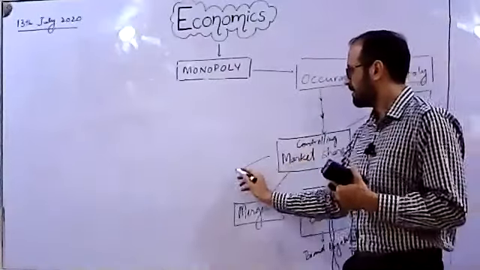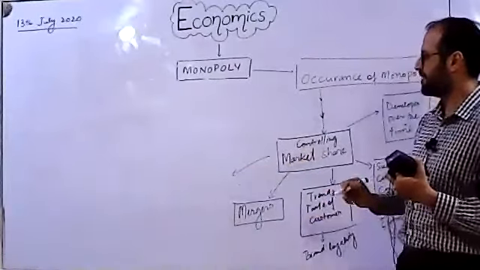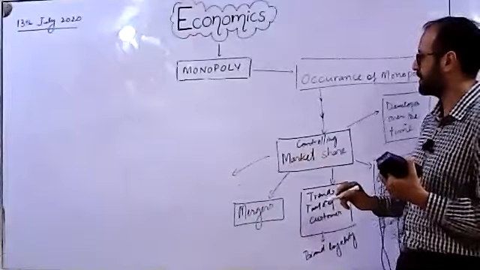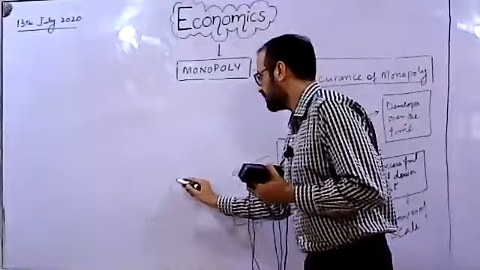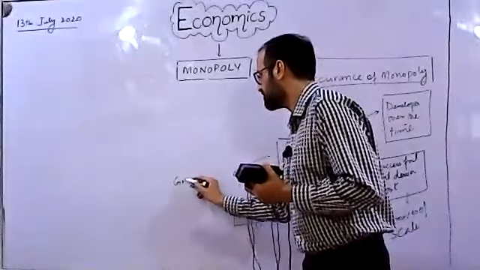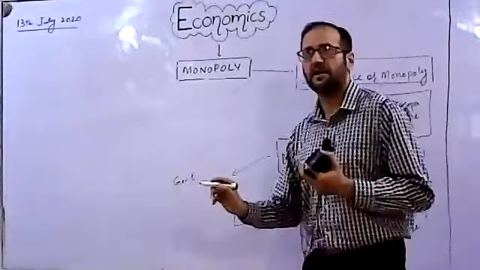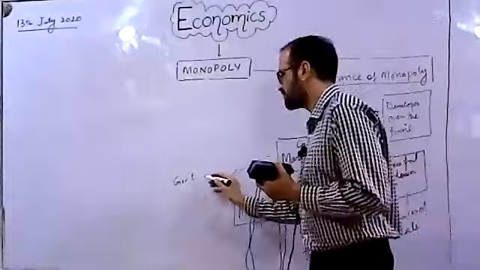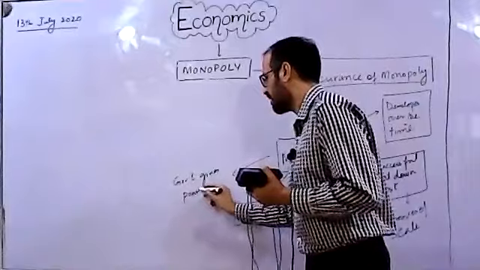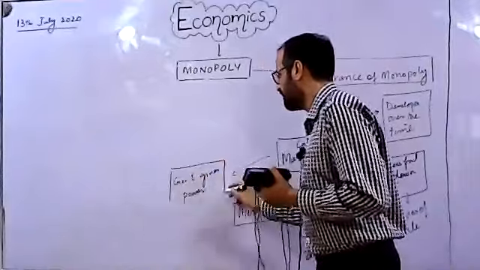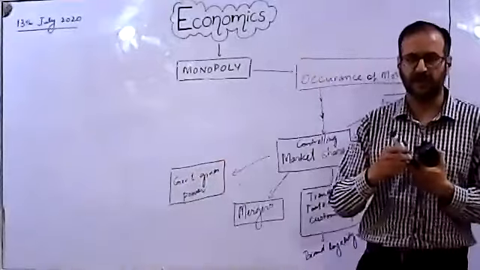Okay. Then we have one very important thing to add over here, that how the monopolies will occur. It can be when the government eventually gives power to any firm to form a monopoly.